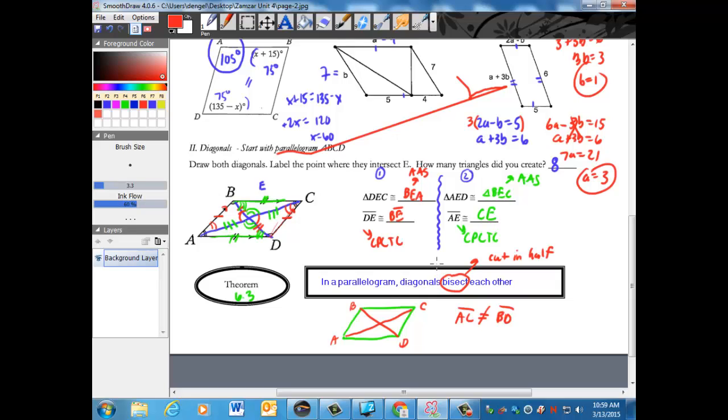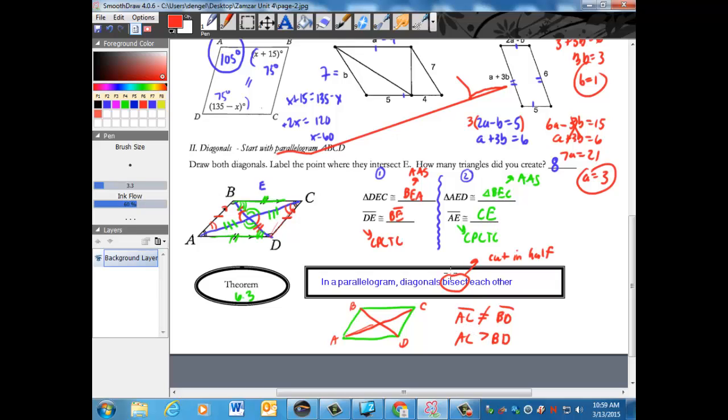That's not what we're saying. In fact, segment AC is going to be greater than BD. Why is that? Well, one, it just looks longer. I mean, think about how this shape is slanted in these corners. So this segment has to be longer than this segment, and therefore AC is greater than BD.